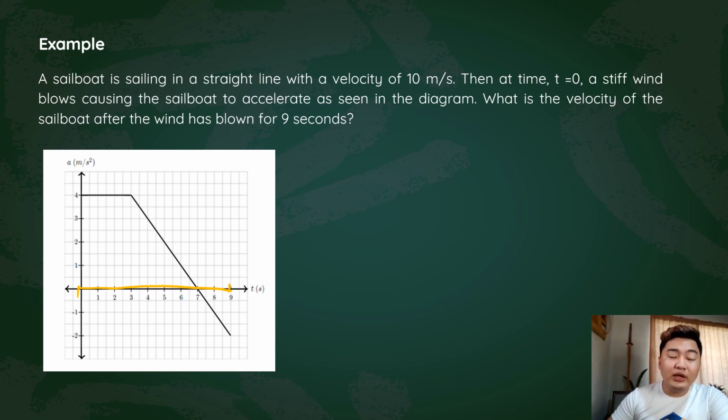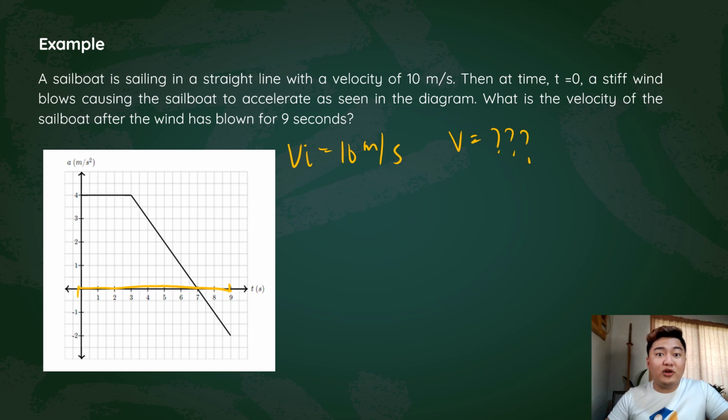We know from the problem that we will start with a velocity of 10 meters per second, as stated in the first statement, that the sailboat is sailing in a straight line with a velocity of 10 meters per second. So since we are to solve for the final velocity, we will do what we did in the earlier problem.